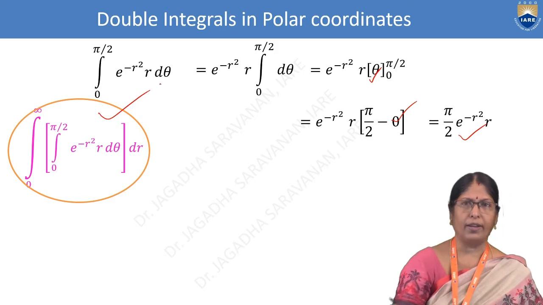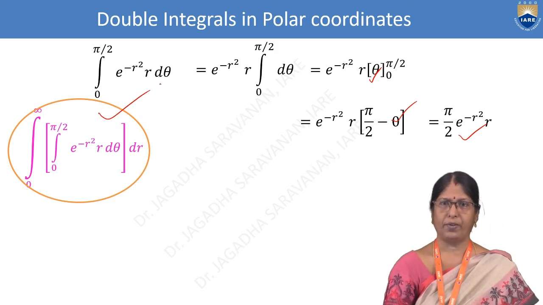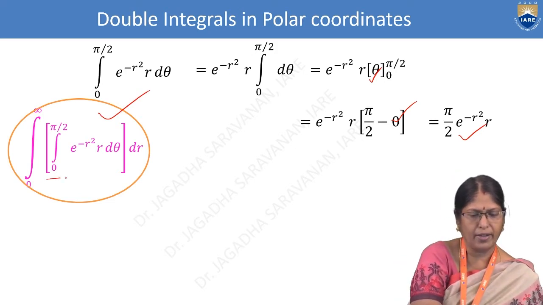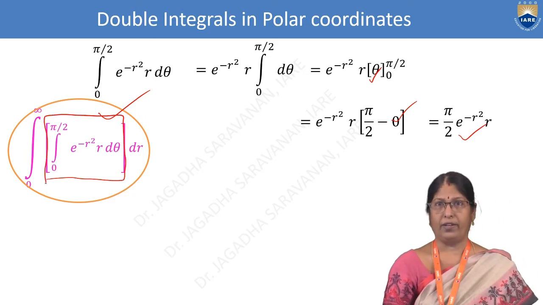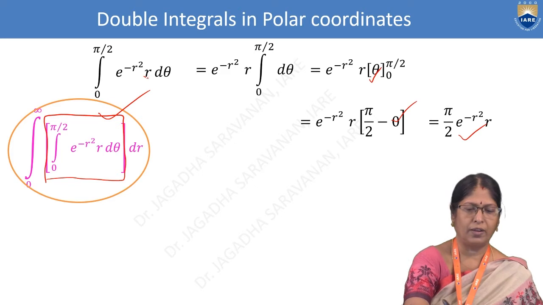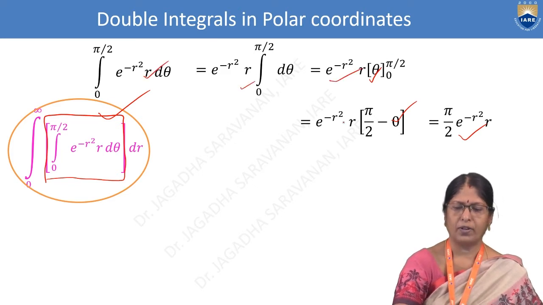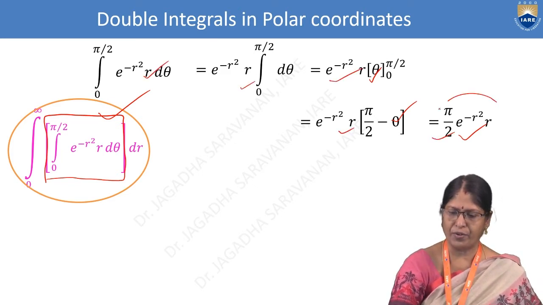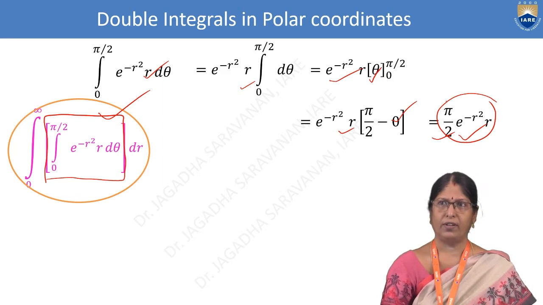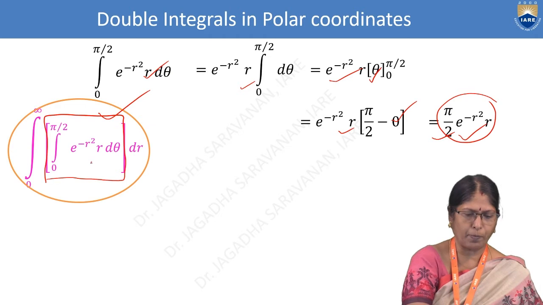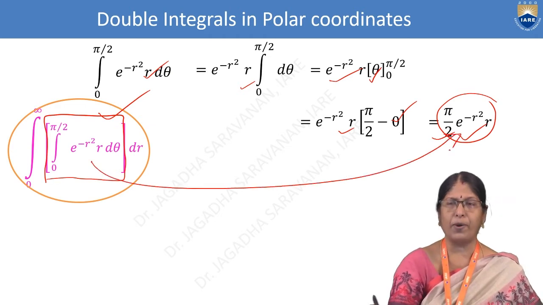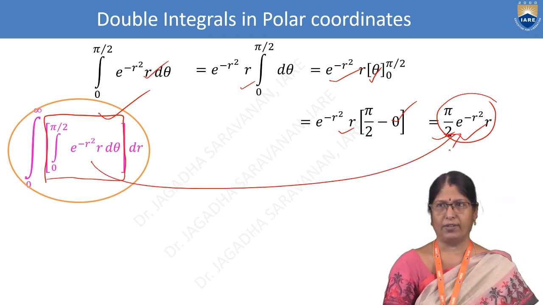This is only our question. So this double integral we did separately, and all the steps we did. Finally we reached this result. Now this particular place is going to be replaced by this result.